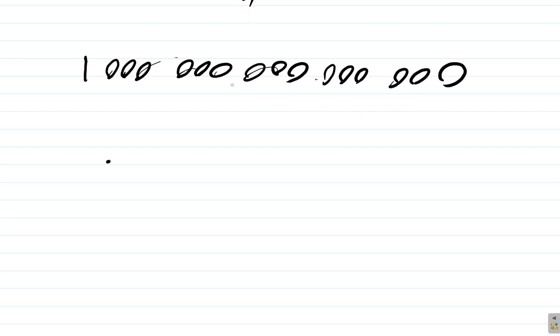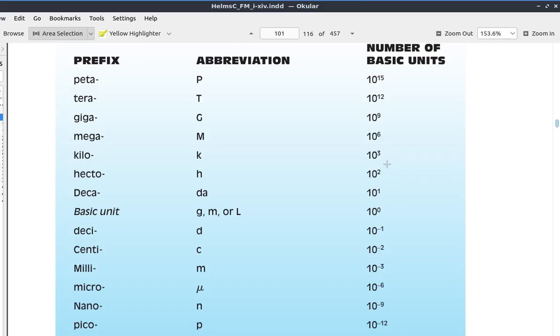Alright, you have what is really 1 million billion. 1 million billion of something is 1 peta.